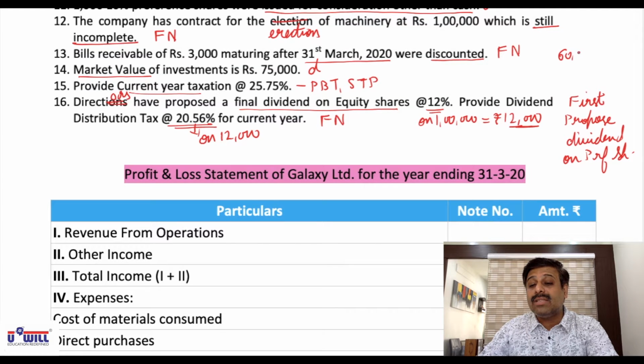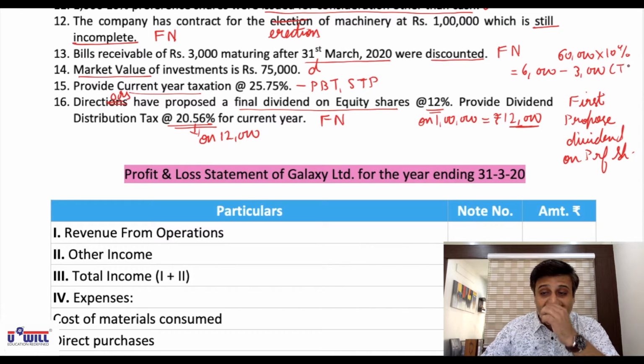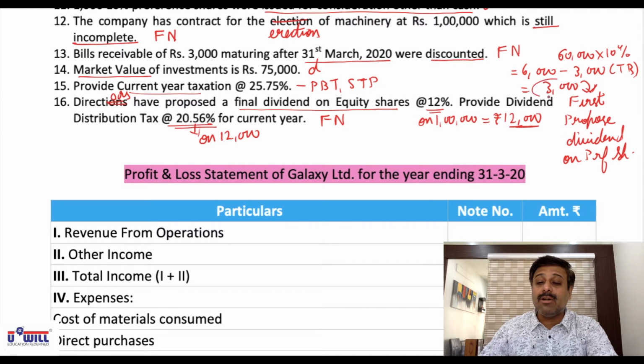Okay, 60,000 10% dividend is 6,000. From that 3,000 is already paid and given in the half year as per trial balance. So remaining 3,000 first directors will have to propose on preference shares. 3,000 of dividend directors will have to propose remaining dividend on preference shares. DDT of 20.56% also on the same.